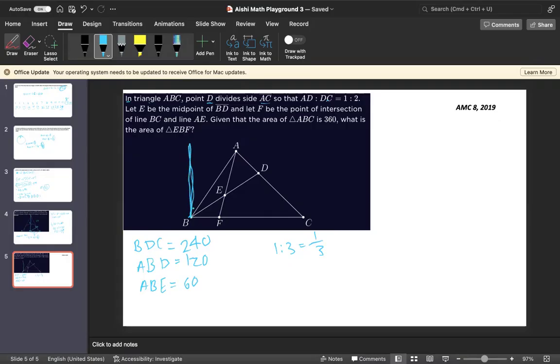This one, the one I drew. So we know that the area of triangle ABE is 60.